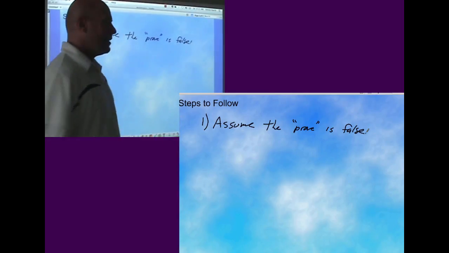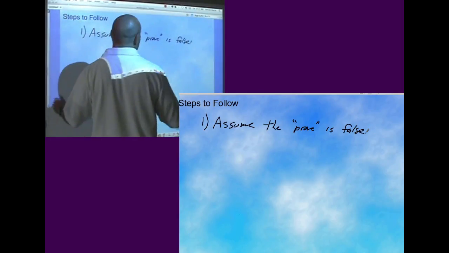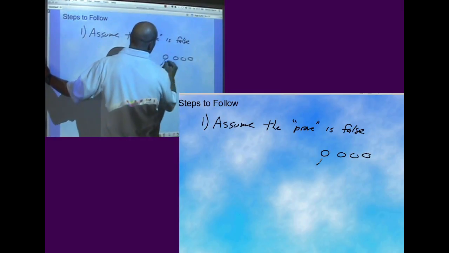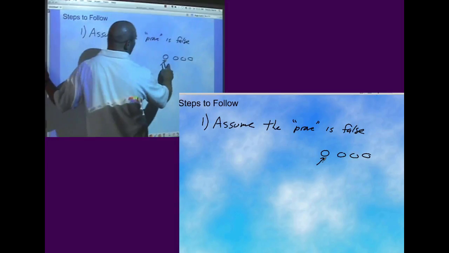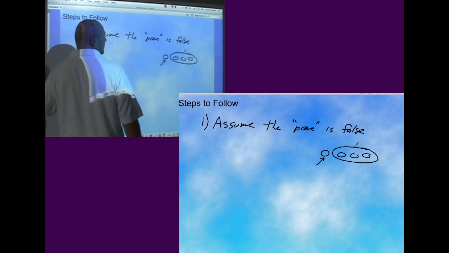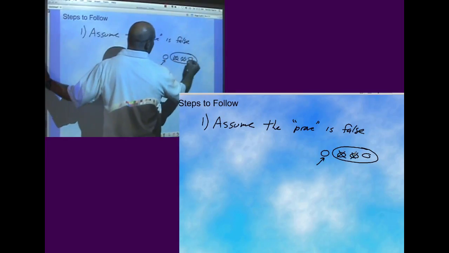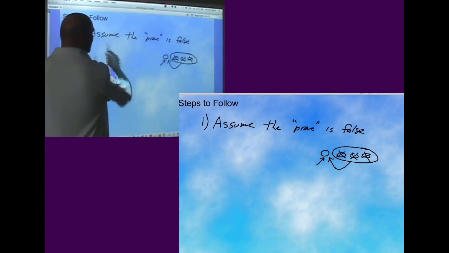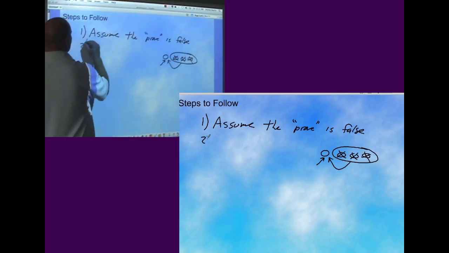I'm assuming that's not the case. So this is the one I'm trying to prove. In a direct proof, I'd be going after that. What I'm going to assume is, well, it's got to be one of those 3. And what I do is I systematically eliminate all the other possibilities, and therefore it has to be that one. So we assume the proof is false.